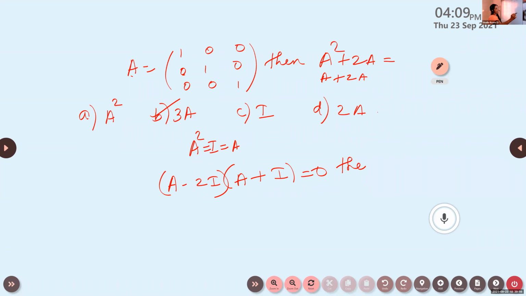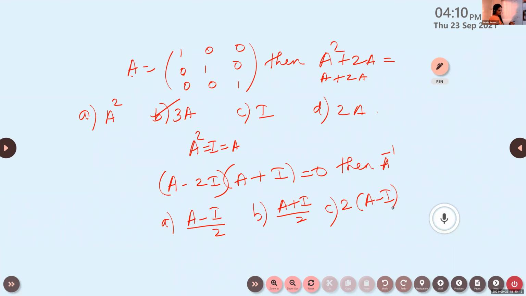Then A inverse is: option A, A minus I by 2; B, A plus I by 2; C, 2 into A minus I; D, 2A plus I. What is the answer? If this is 0, what is A inverse?